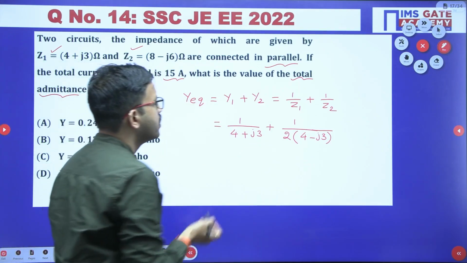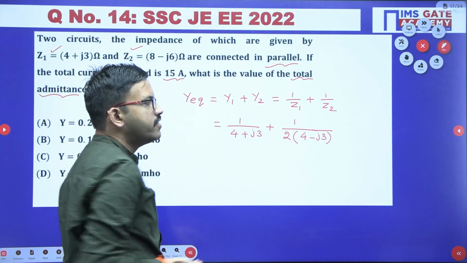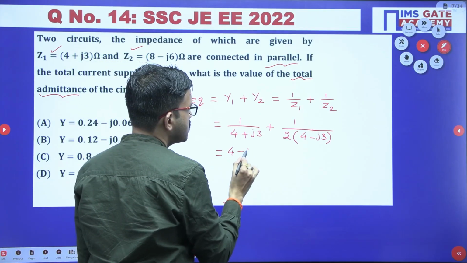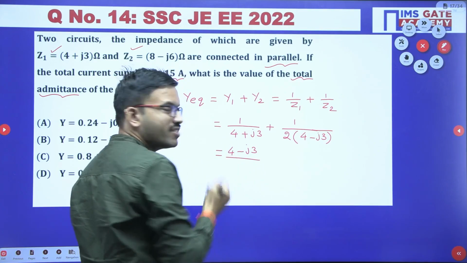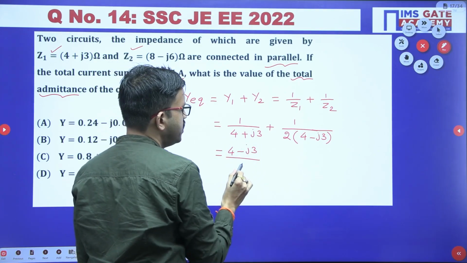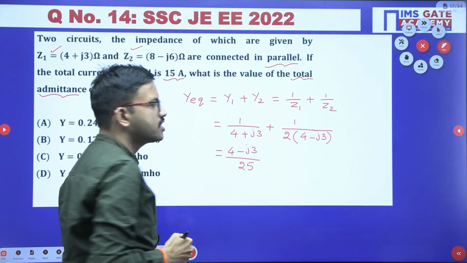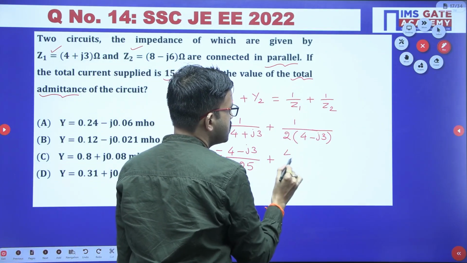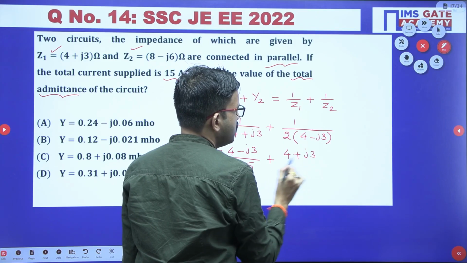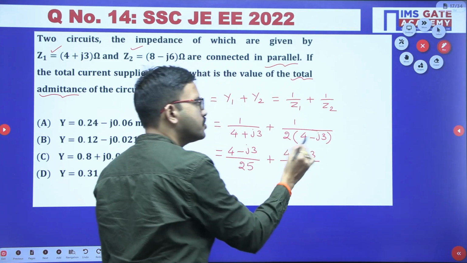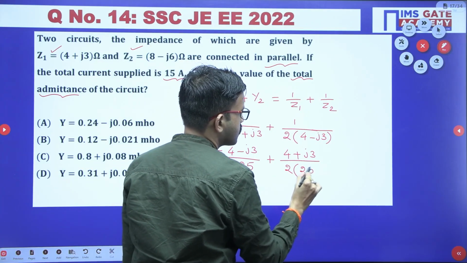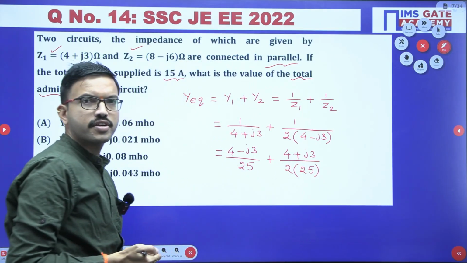Now once again you multiply and divide with the complex conjugate. So here you will be getting 4 minus J3 divided by 4 square is 16 plus 3 square is 9, that is 25. Similarly here 4 plus J3 divided by 2 into, here also 16 plus 9, that is 25.